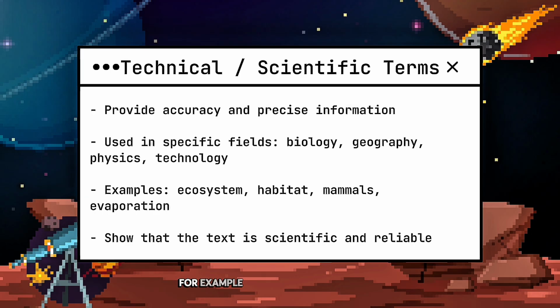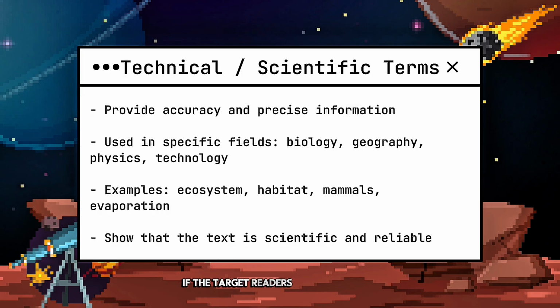For example, in a report about animals, we may find terms like mammals, vertebrates, or reproduction. When discussing natural phenomena, we might use words like ecosystem, habitat, evaporation, or condensation. Technical terms help the writer communicate the topic clearly and professionally.